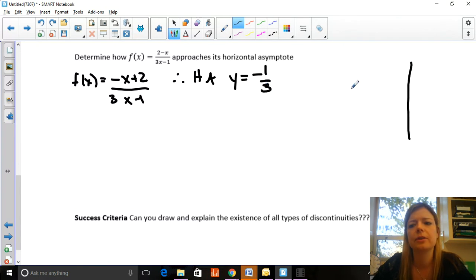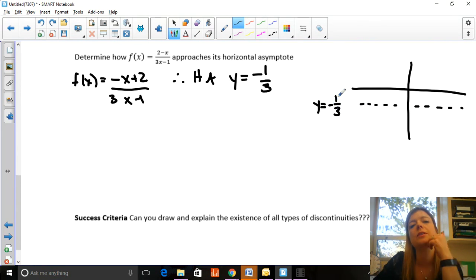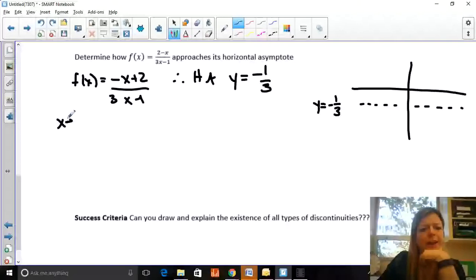Okay, so we can draw a quick little sketch. Okay, so remember, horizontal asymptotes have to do with end behavior. Okay, so I need to test very large values of x and very small values of x.